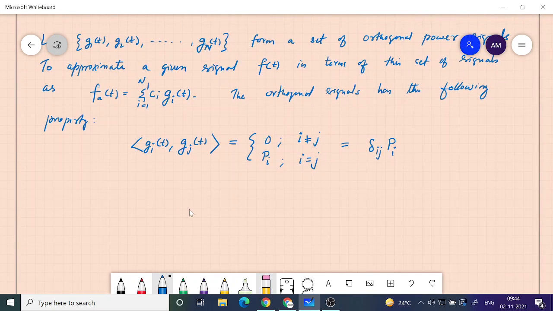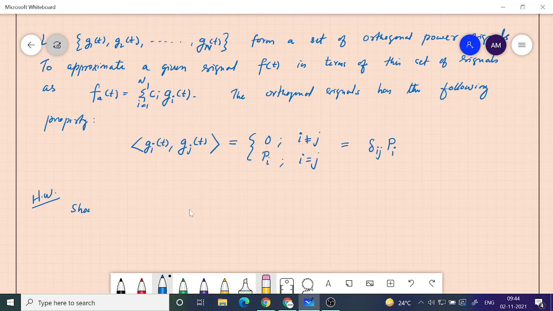The only difference here is the way we define the inner product, otherwise everything is the same. Therefore we can use this property and find the mean square error just like yesterday, and then minimize the mean square error with respect to the constant. I will leave it as homework.